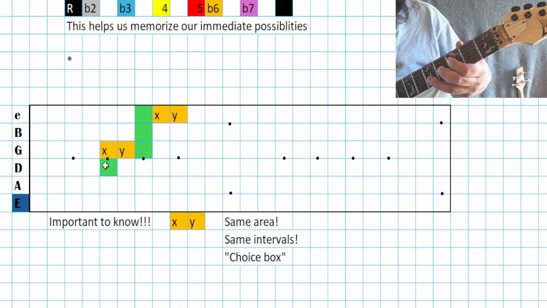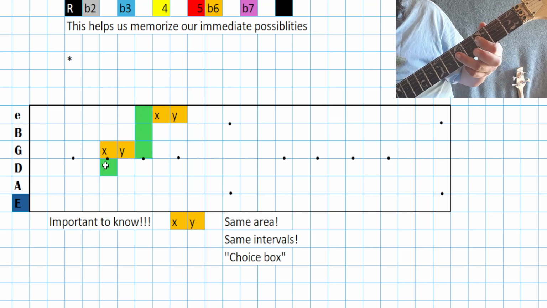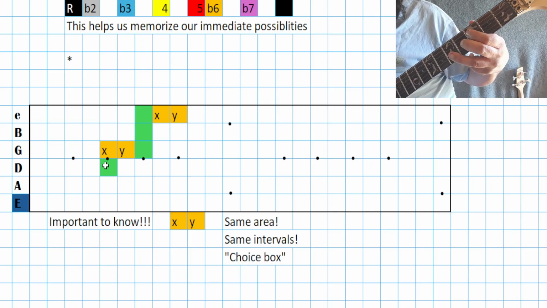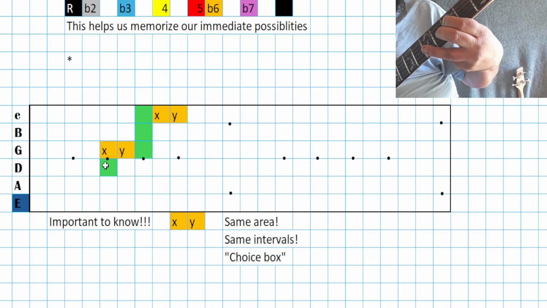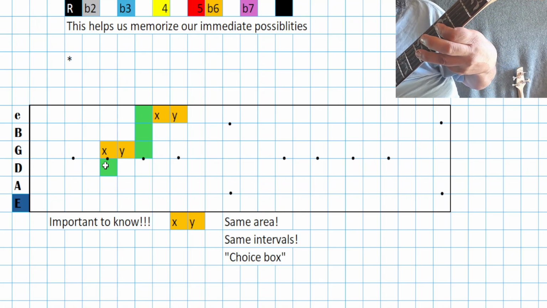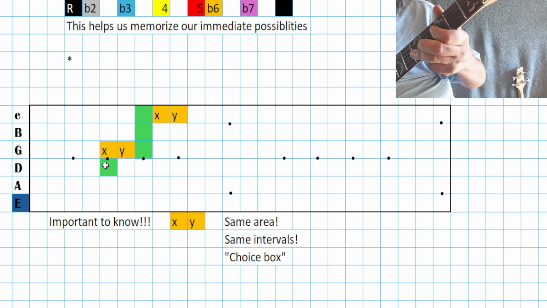I don't know if you can see what I did there. Let me make sure I'm on camera here. So instead of lowering that one note like we talked about in our shapes diagram with the little alterations that we could make, here I'm playing the Y, right? Here I'm going to play the X. So that would depend on, or this.